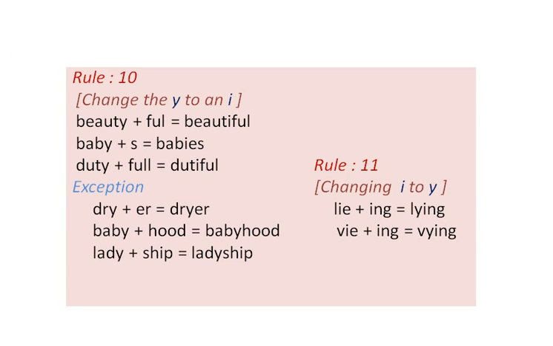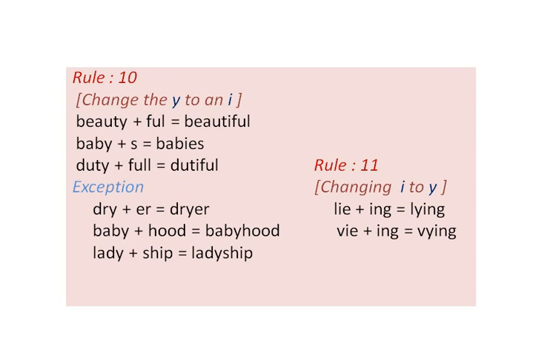Now rule 10. Change the Y to an I. When the word has a consonant before the Y, you will change the Y to the letter I. Then add the suffix, such as beauty plus ful, beautiful, baby plus s, babies, duty plus ful, dutiful.